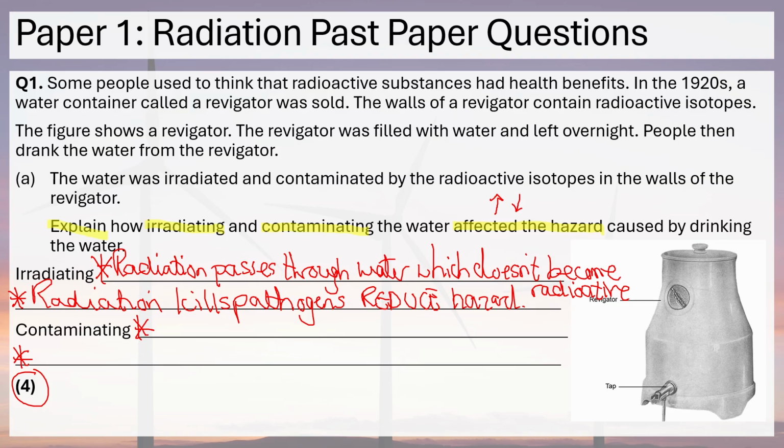Now looking at contamination. So contamination means that the radiation enters the water. So the isotopes enter the water. And therefore, the human body, when the water is drunk, so obviously we've increased the hazard because we've got radioactive isotopes inside the body.